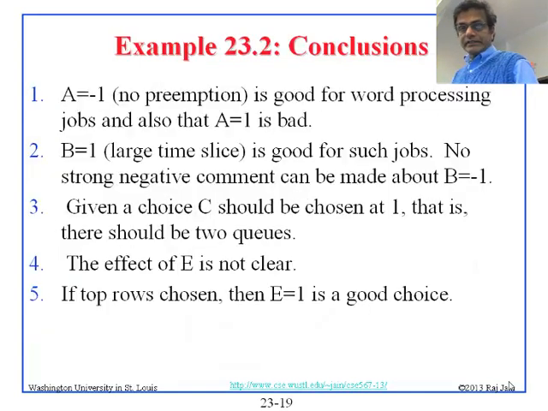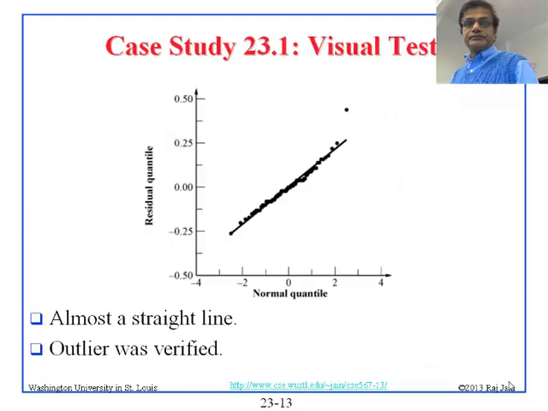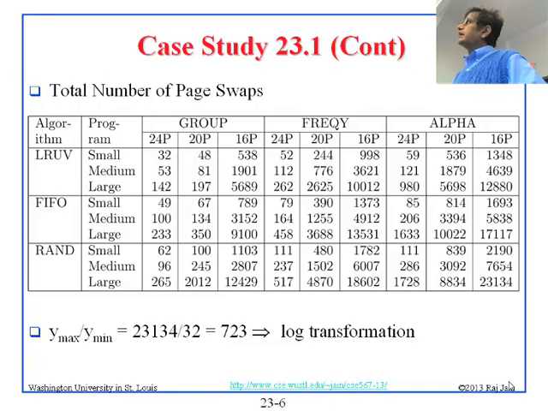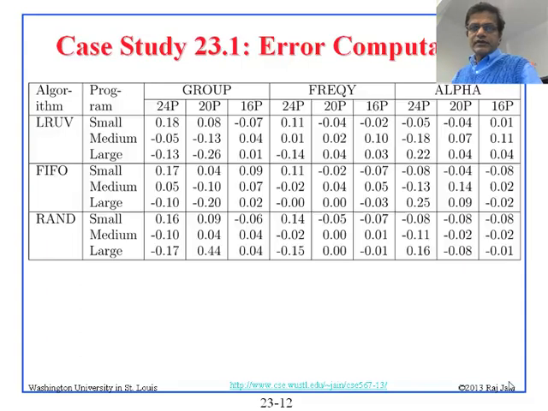So let's go back and see. When the algorithm is at the first level, this one, the minimum is 32, the maximum is 12,888, so the range is 12,800 something. Let's see what we have here.